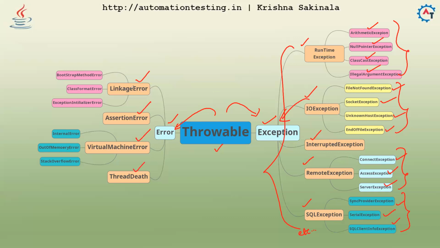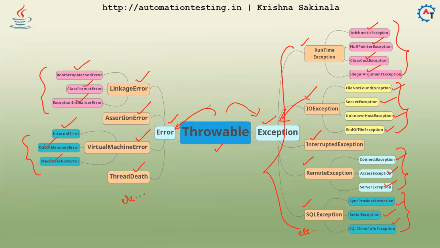If you go deeper into LinkageError, you have BootstrapMethodError, ClassFormatError, ExceptionInInitializerError. Under VirtualMachineError, you have InternalError, OutOfMemoryError, StackOverflowError. Here also we have a few more, but I have taken a few to explain this diagram in detail.